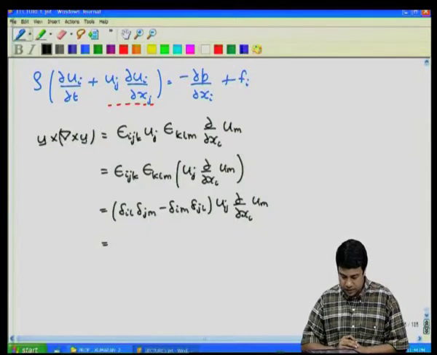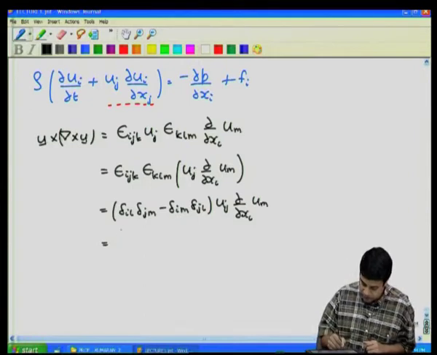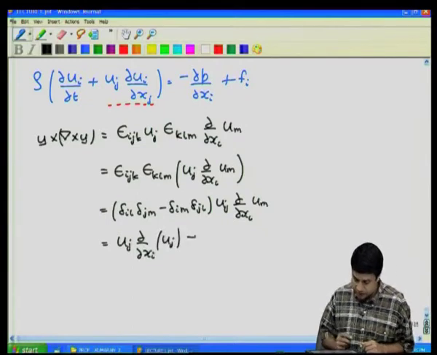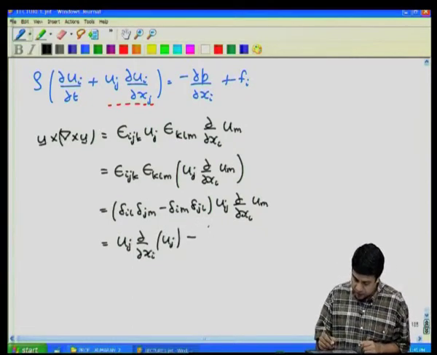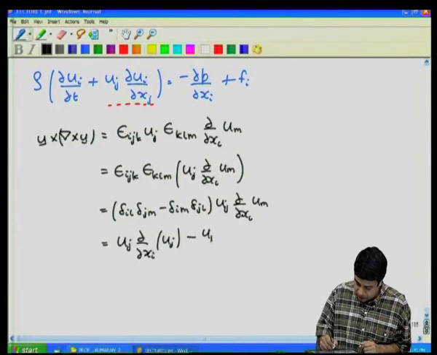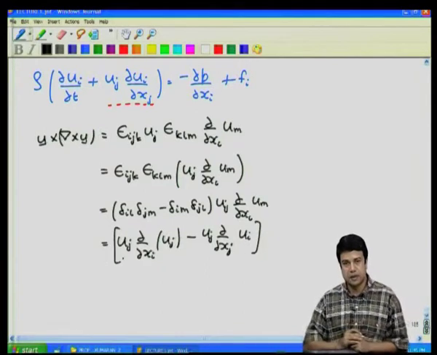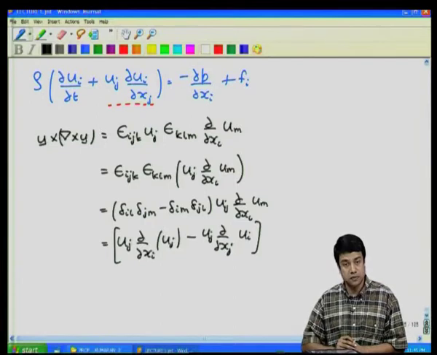And I can write this delta il times partial by partial xl as partial by partial xi. Therefore, this will become uj partial by partial xi of uj minus delta im. So, I get uj delta jl gives me partial by partial xj of ui. Okay. So, that is u cross del cross u.